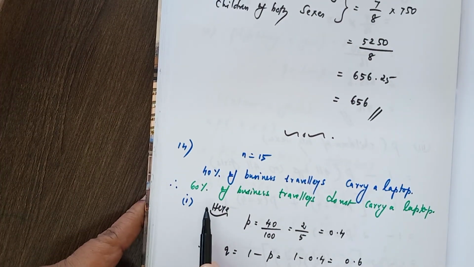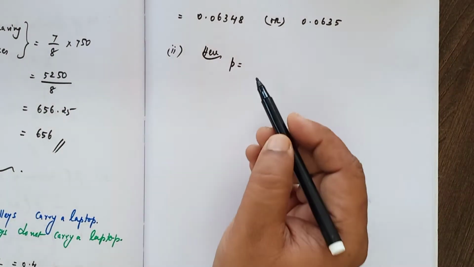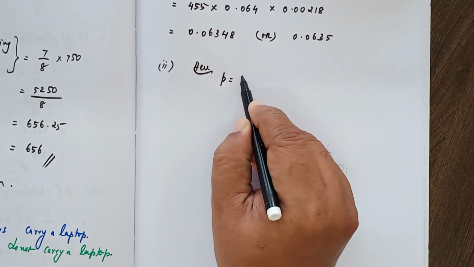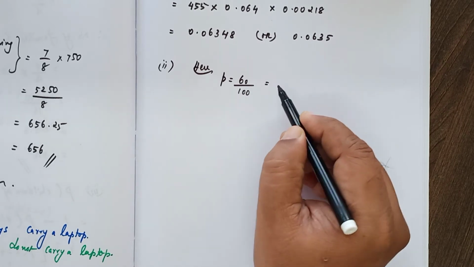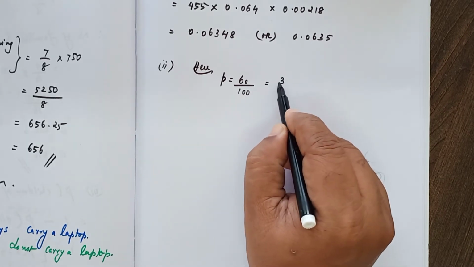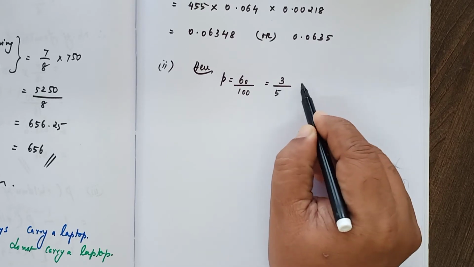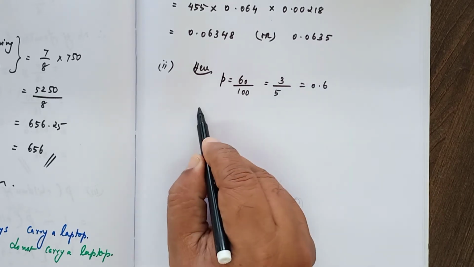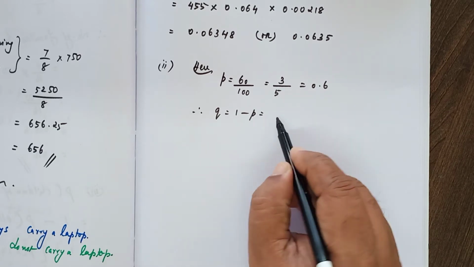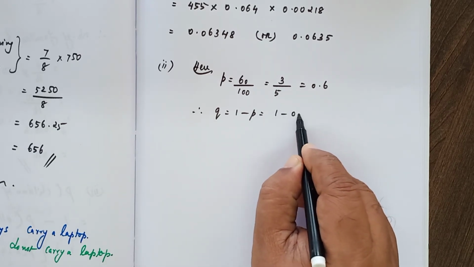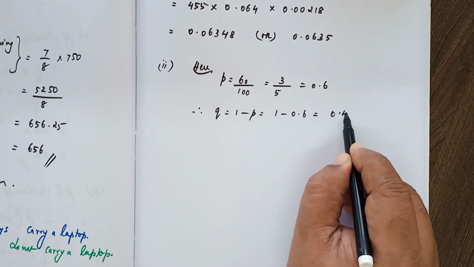That should be considered as success. So P is equal to 60 divided by 100, you can divide by 20 table 3 times and 5 times, that is equal to 0.6. Therefore, Q is equal to 1 minus P, 1 minus 0.6, that is equal to 0.4.